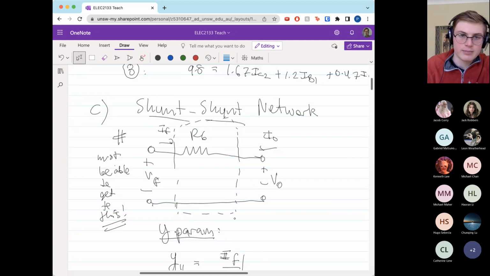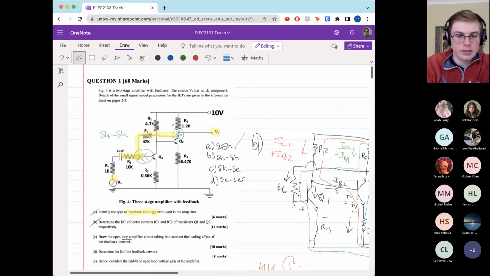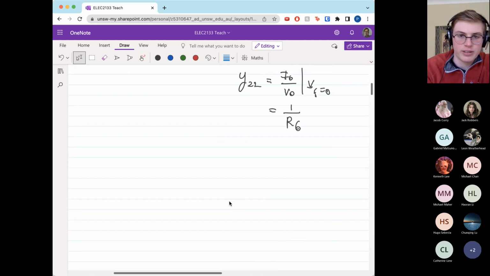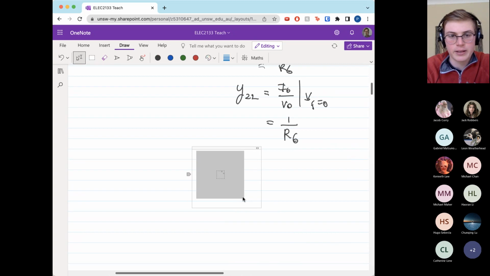Cool. Okay, so then if we want to draw this without loading effect, without the feedback, essentially we just want to get rid of the feedback factor or the feedback network from our circuit, and then tack these on at the start and at the end.